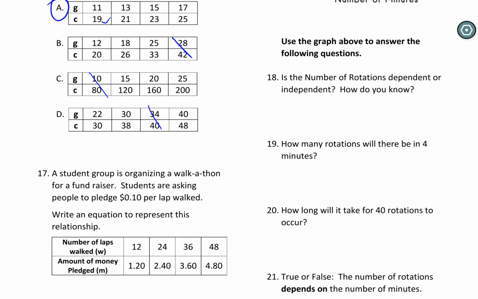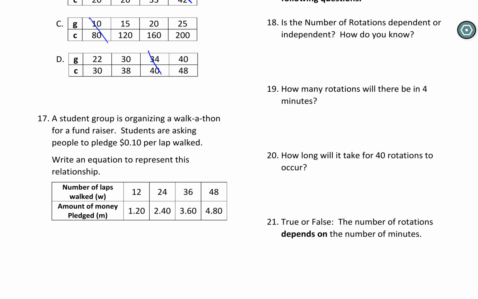Question 17. A student group is organizing a walkathon for a fundraiser. Students are asking people to pledge 10 cents per lap. So we can see that that is multiplicative. And if we can't, well, how do I get from 12 to 120? It looks like I'm going to multiply by 10. 24 to 240, multiply by 10 each time. So, okay, well, yeah, that makes sense, 10 cents.